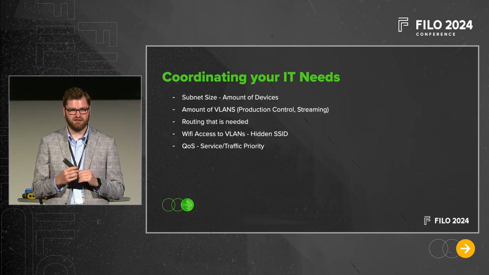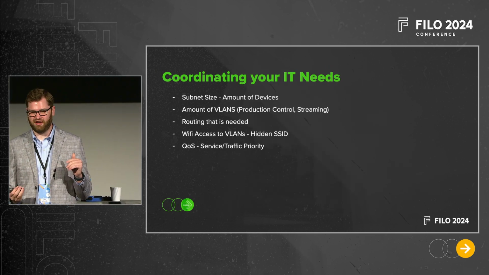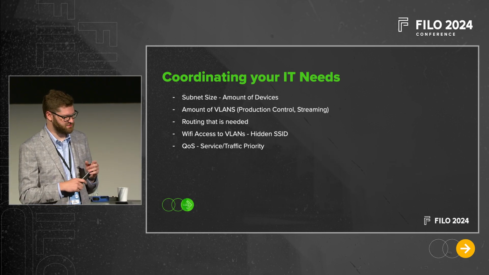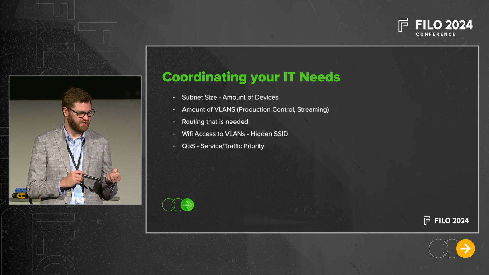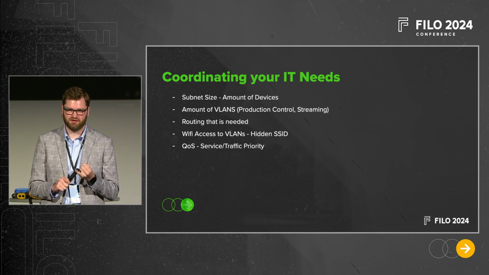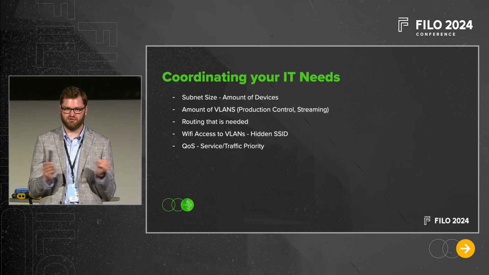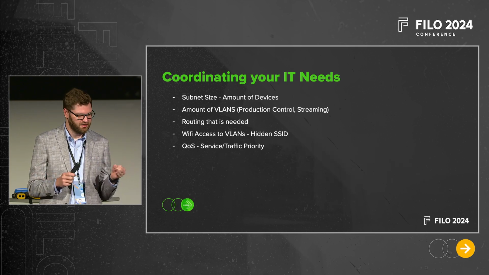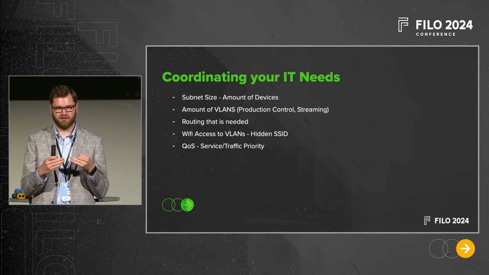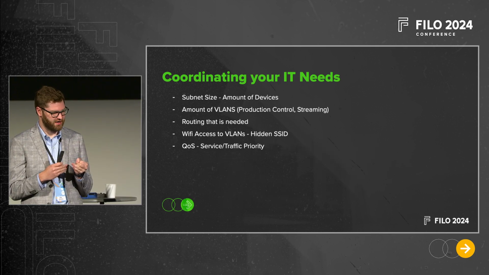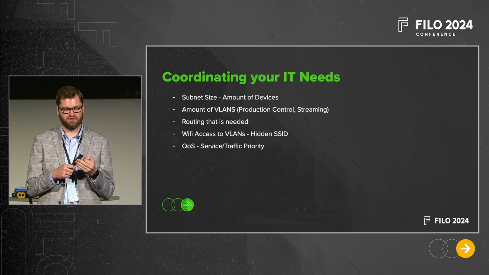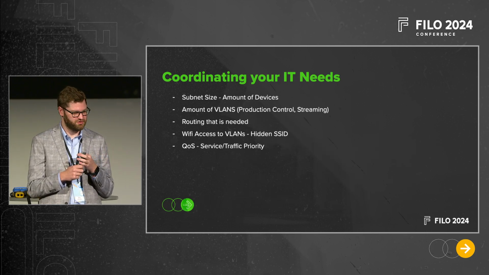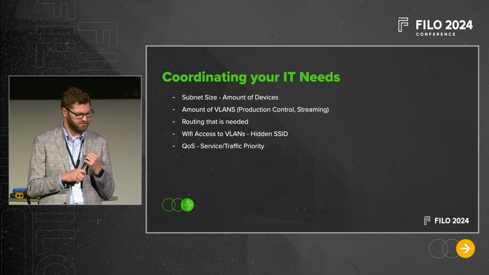So things you need to talk about when you coordinate that in this hybrid setup: talking to your IT department or IT guy about the subnet size, the amount of devices that you need, so they can assign you a range of IP addresses; the amount of VLANs that you want to interface with your house IT guy; routing between VLANs to different network storage or other devices.